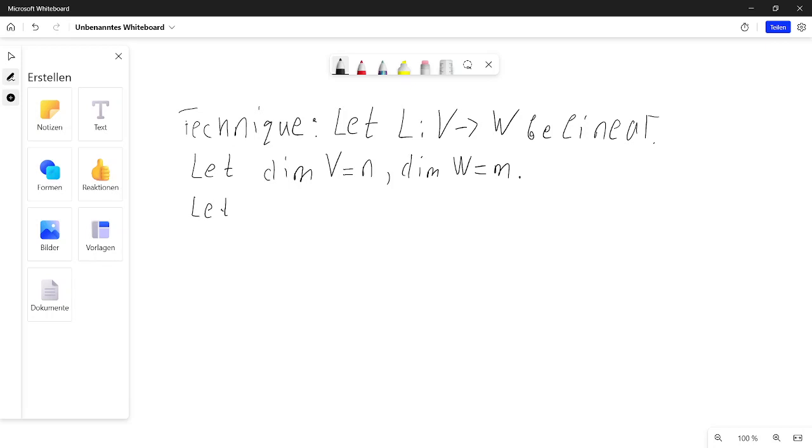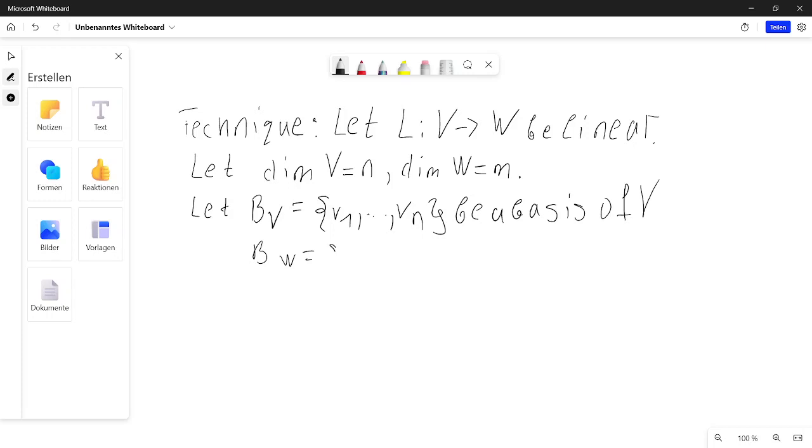Let B_V = (v1, ..., vn), a basis with fixed order of the vectors for coordinate maps, be a basis of V, and B_W be a basis of W. That just means the same stands here, except for the thing that is explicitly written.